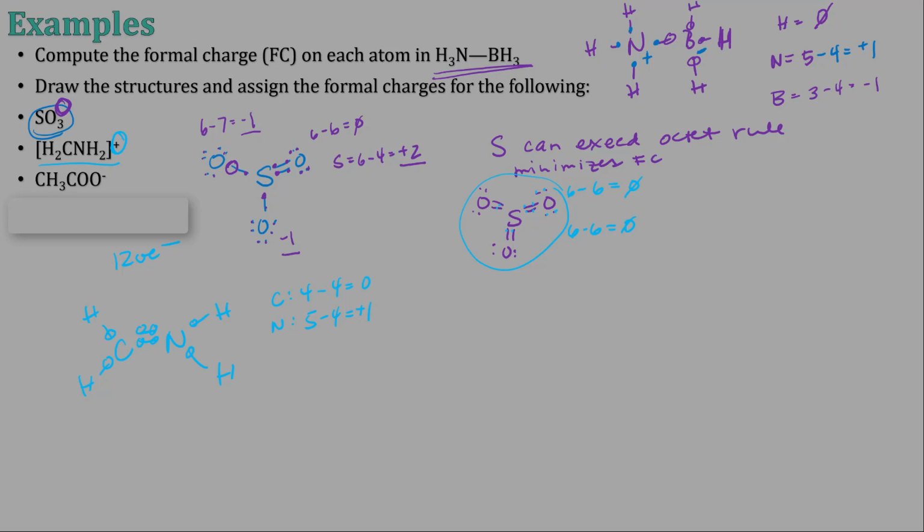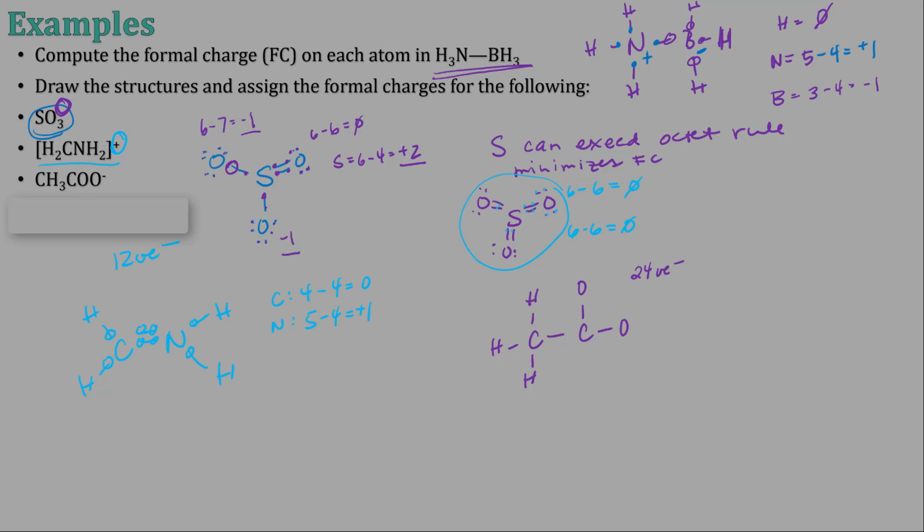All right, and then the last one I'm going to do is CH3COO negative, or acetate. So we've got carbon, hydrogen, hydrogen, hydrogen, and then carbon, oxygen, oxygen. Right now that's 2, 4, 6, 8, 10, 12 electrons, and this molecule would have 24 valence electrons total.